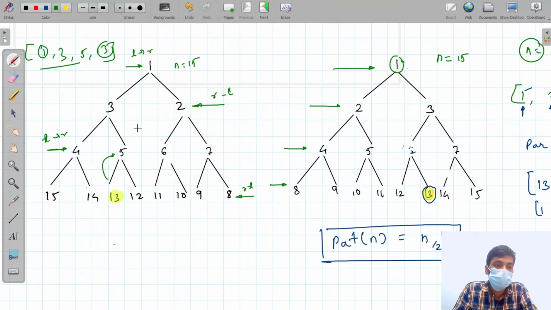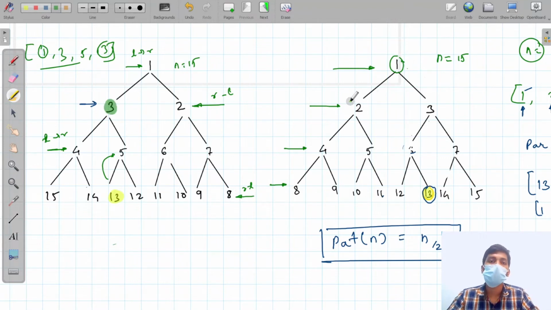If I observe carefully, let's go from top to bottom. If we compare this level with this level, what can we observe? Can we see that at the position of 3 in this general infinite tree, there should be 2, and at the position of 2, there should be 3? Okay, this was the first observation.